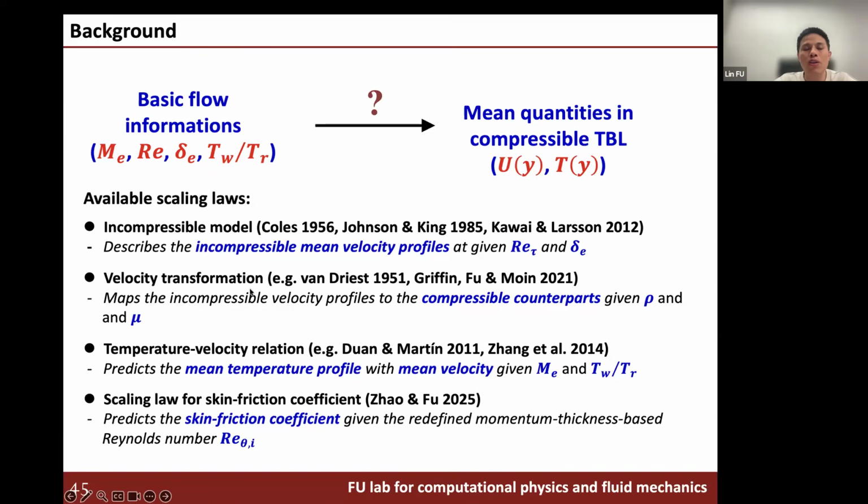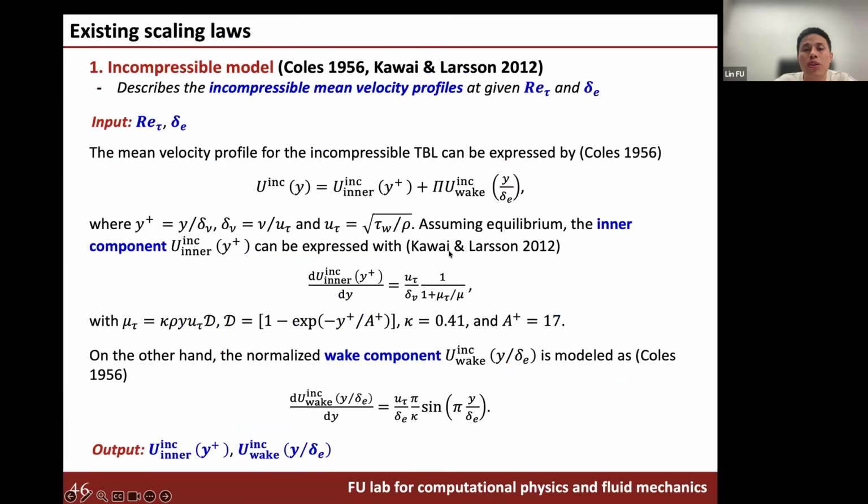We also can connect the incompressible velocity profile to the compressible velocity profile by the velocity transformation, for instance, our GFM transformation. We also can get the temperature from the velocity temperature relationship. And we even have the skin friction scaling law for all different Mach number flows that can give you another condition to close the system.